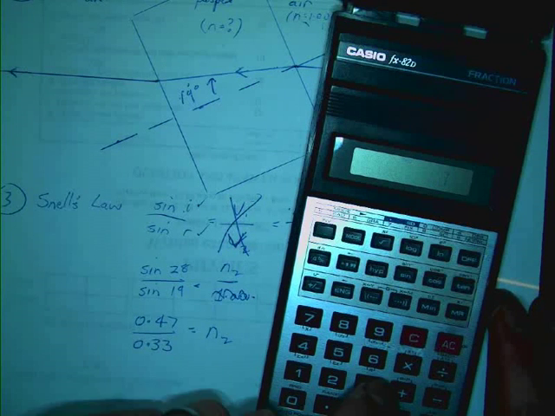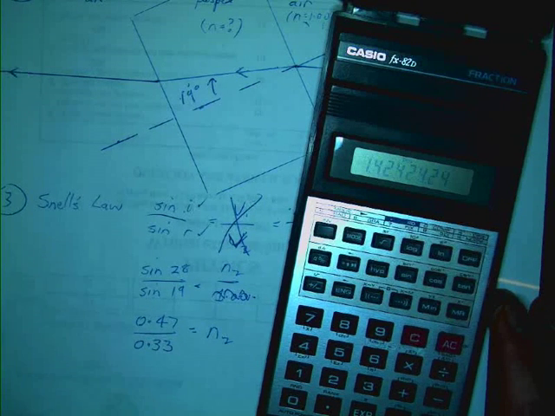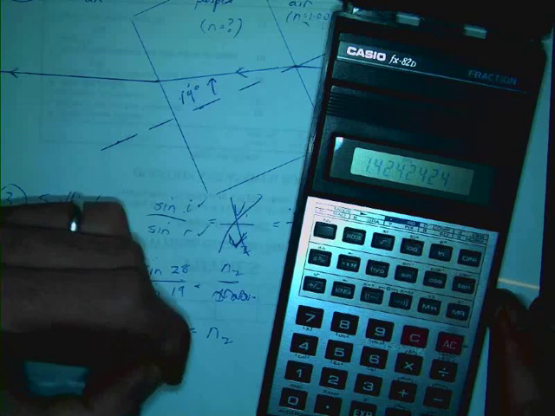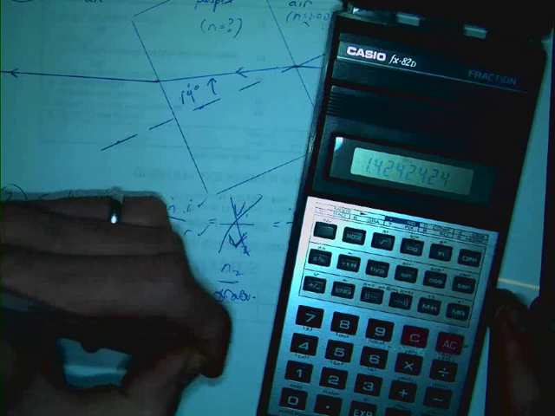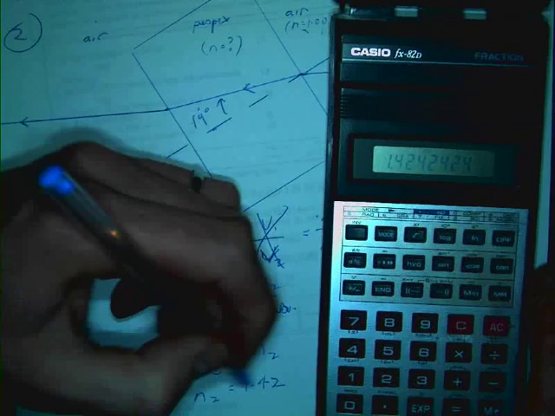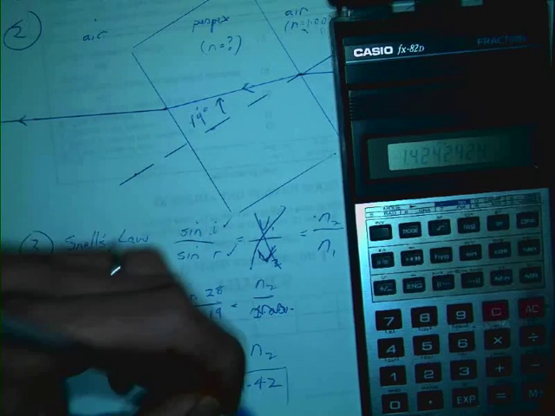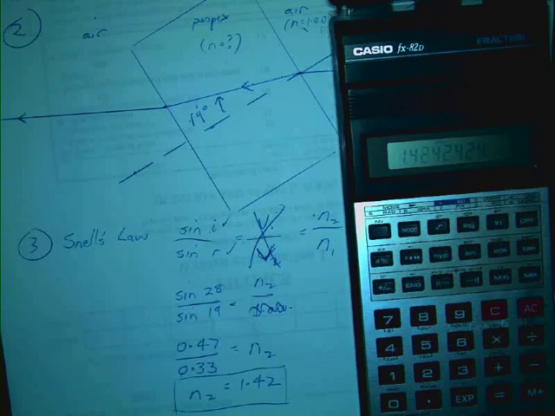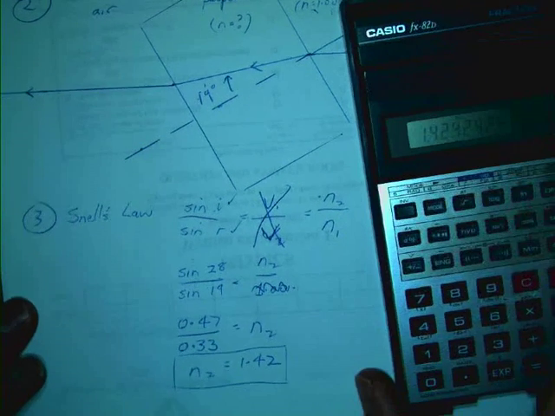So we're almost there. 0.47 divided by 0.33 equals the absolute refractive index of our bit of perspex, 1.42.